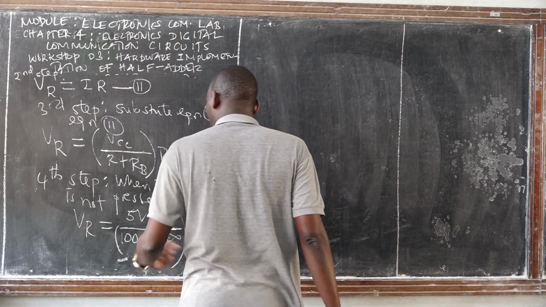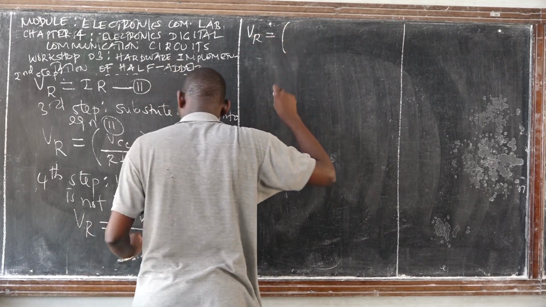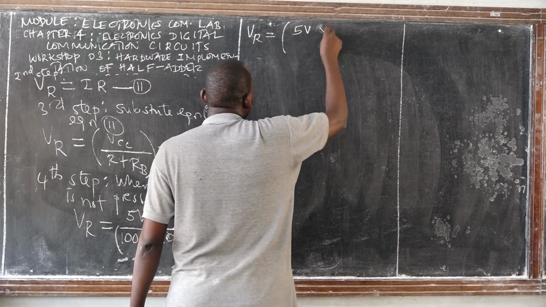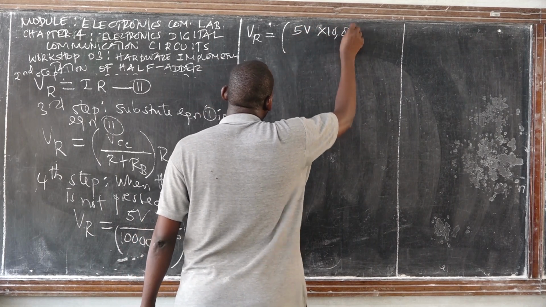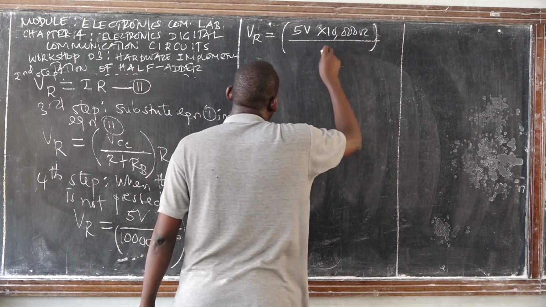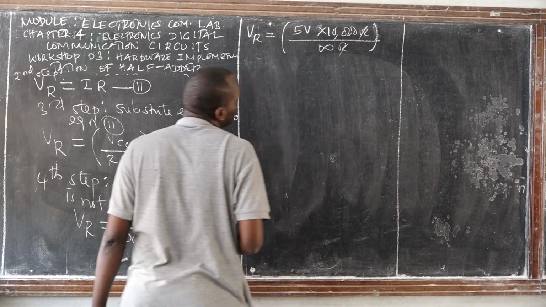So the voltage across the resistor is equal to 5 volt multiplied by 10,000 ohm, then divided by infinity ohm. Ohm and ohm cancel.